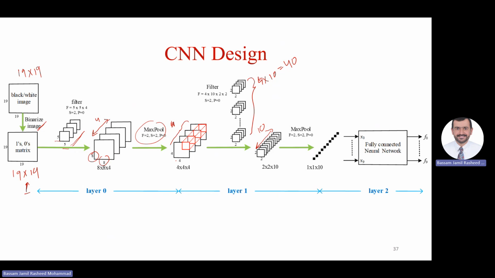And then the dimensions of this feature map are 2 by 2, from 4 by 4 as an input feature map. Then I'm going to apply max pooling. This will make it 1 by 1 times 10, which means just individual numbers, and there are 10 of them.